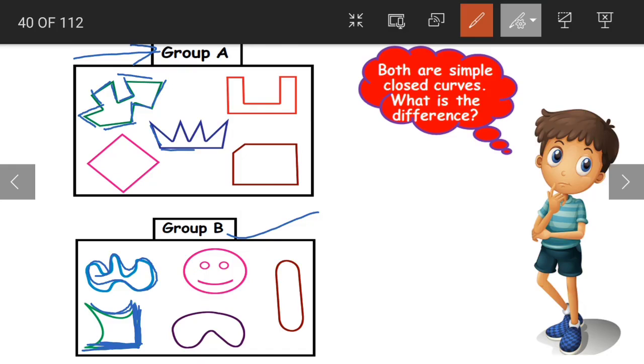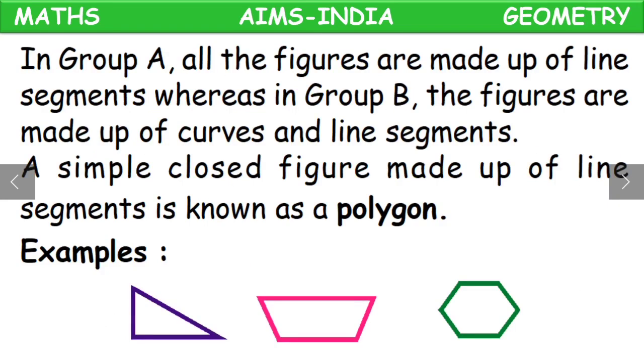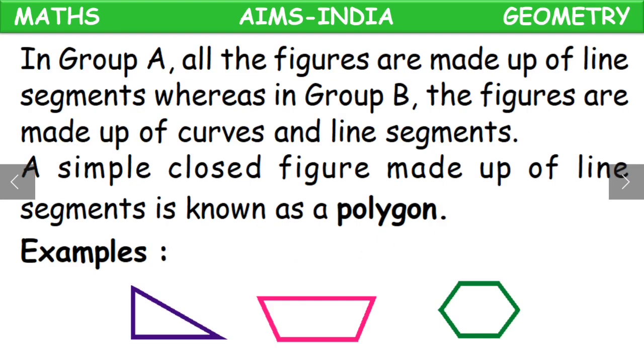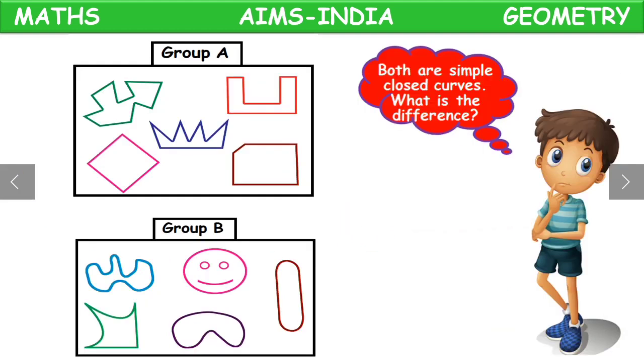The figures in group A are made of line segments, whereas the figures in group B are made of curves and line segments. In group A we only have line segments, and in group B we have both curves and line segments. So a simple closed figure made of line segments is known as a polygon.